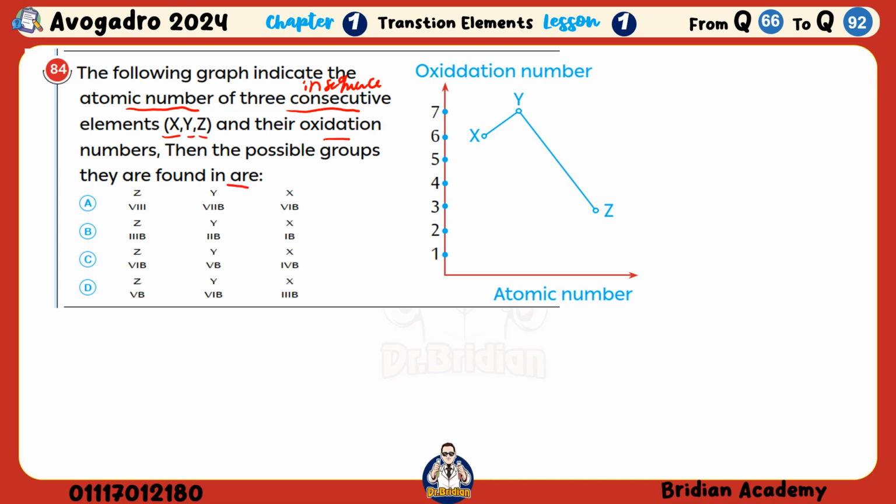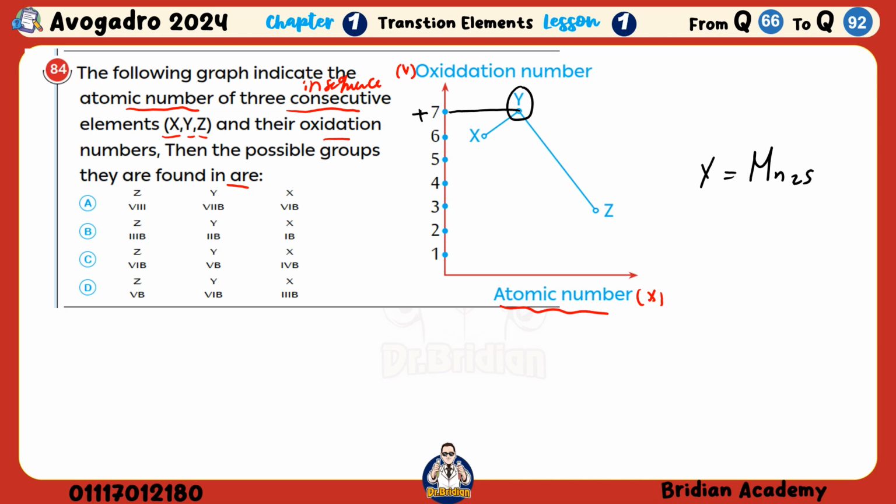If you look at the graph, you have atomic number on the x-axis and oxidation number on the y-axis. Element Y has oxidation state positive 7, and this is achieved in one element in the first transition series, which is manganese 25. So Y refers to manganese 25.